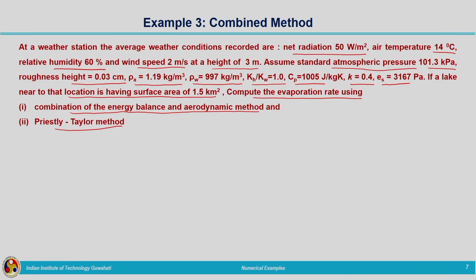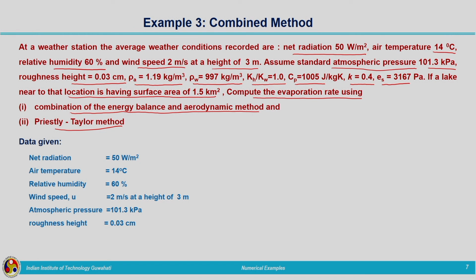So, first we will start with the combination of aerodynamic and the energy balance method. First, let us have a look into the data given. So, which are the data given? Net radiation, air temperature, relative humidity, wind speed, atmospheric pressure, roughness height.